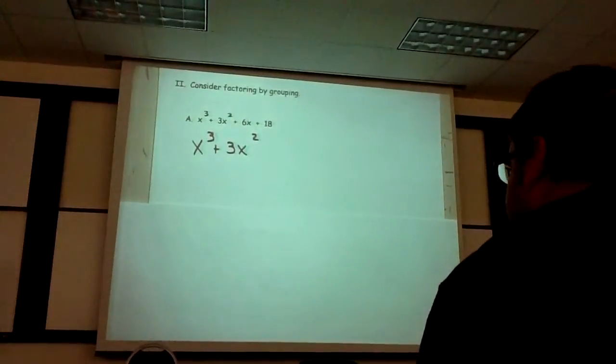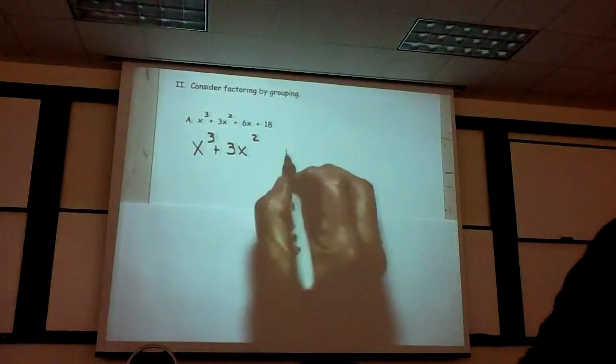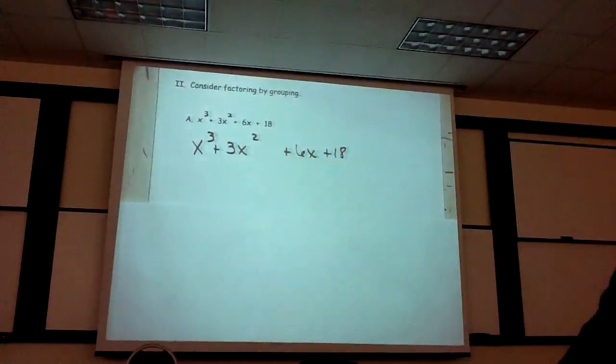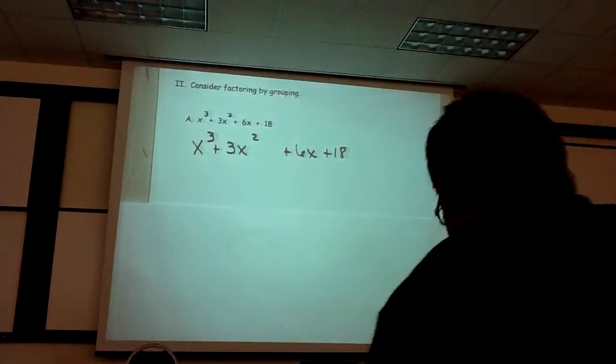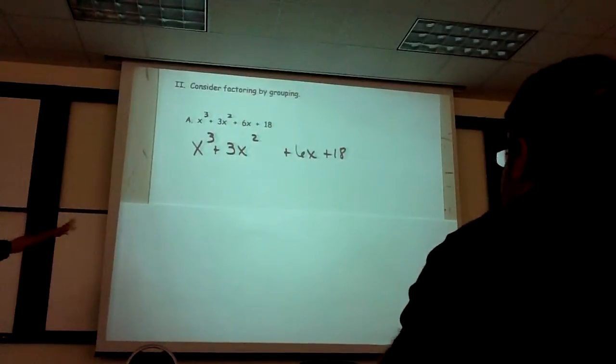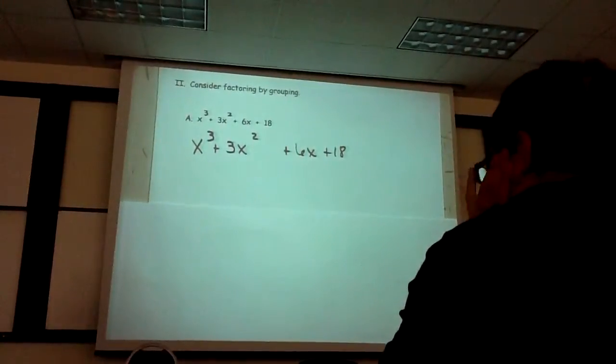Hey, the second pair, they have something in common? 6. 6, right? When I do this, I physically group them so I can remind myself, hey, I'm putting these 2 guys together mentally, and in this case, physically, visually, and I'm putting those 2 guys together. So I group them.